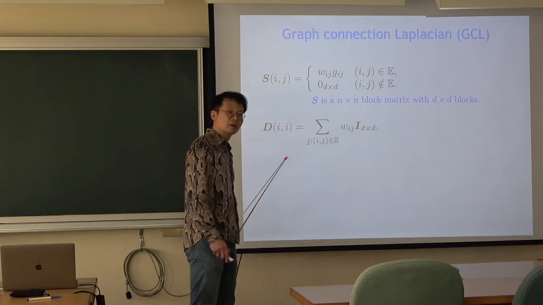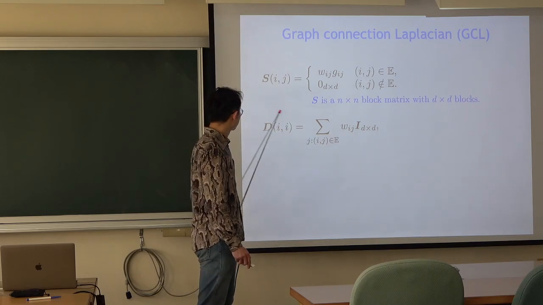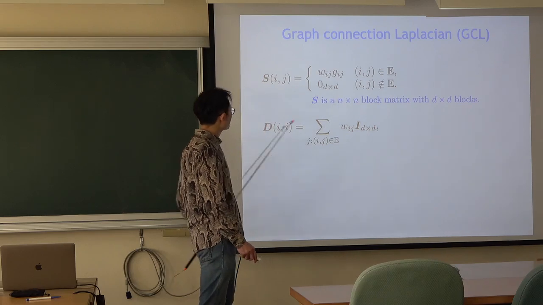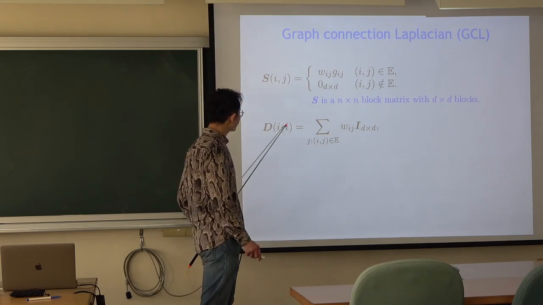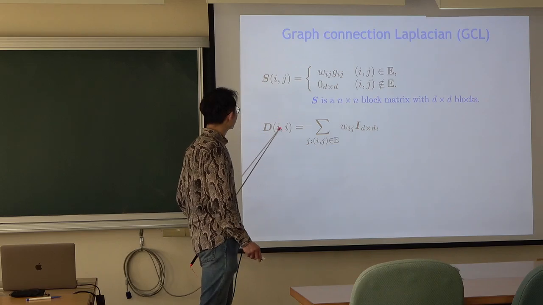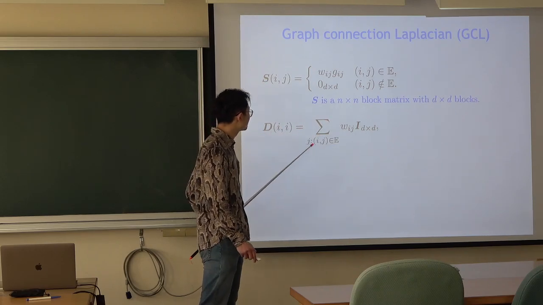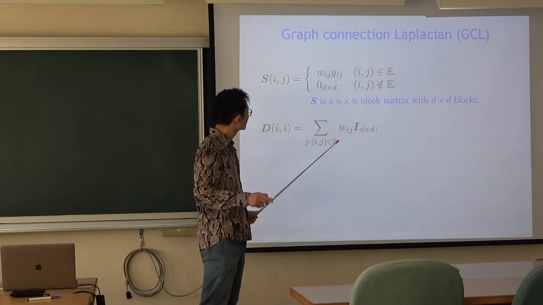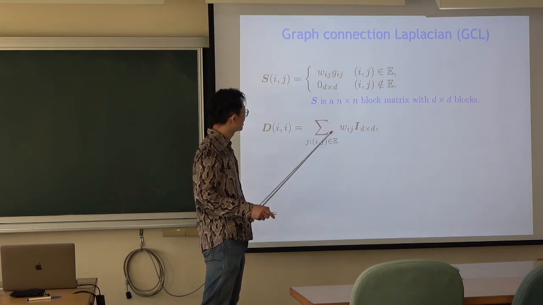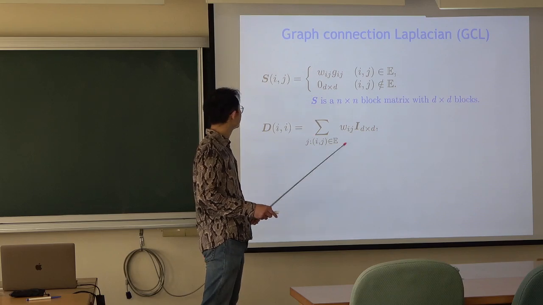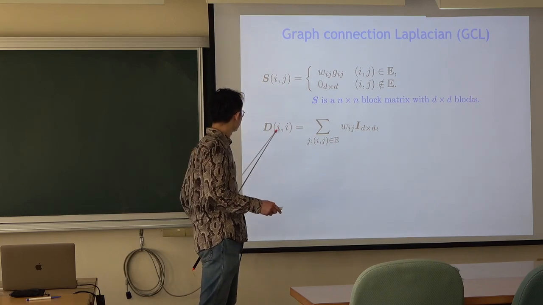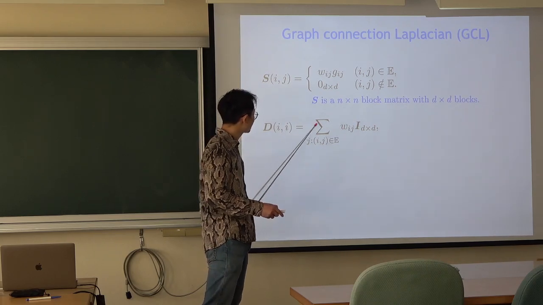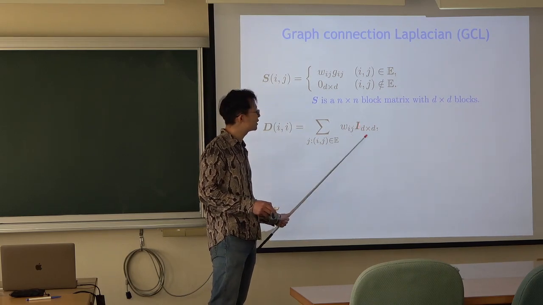And then we construct a diagonal matrix. This is a block diagonal matrix such that the diagonal block entry is the summation over all the rows: in the ii block, you put the sum of Wij and multiply by Id.